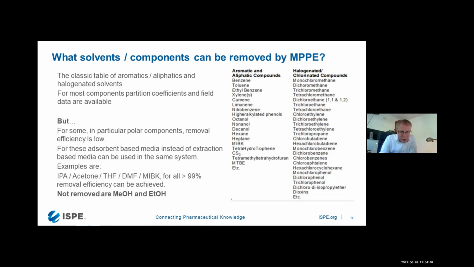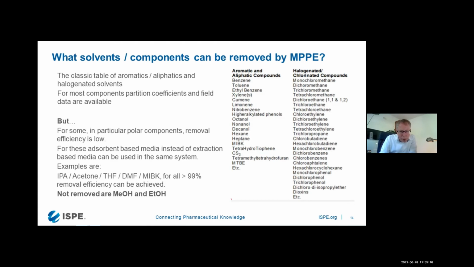As indicated, the polar components are not really very well removed with the extraction technology, but we apply a different type of sorption media for that. And that is operated in the same way, so we also apply the steam regeneration. We have the particles inside the bed, and even the two different sorption and extraction media can be combined in a single vessel.